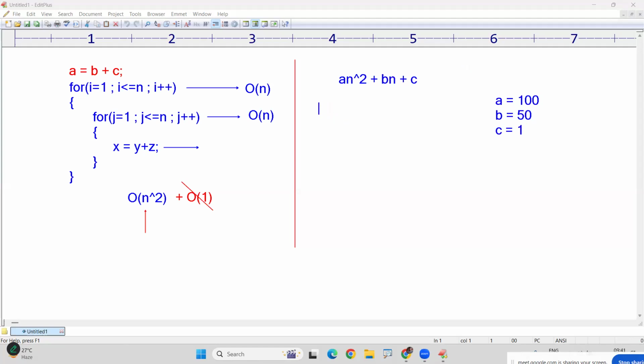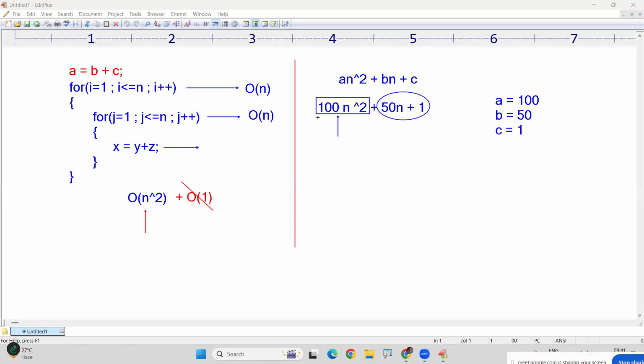Now, whenever we are giving that 100 into n square plus 50 into n plus c value 1, compared to these many iterations, we can make the rest negligible.